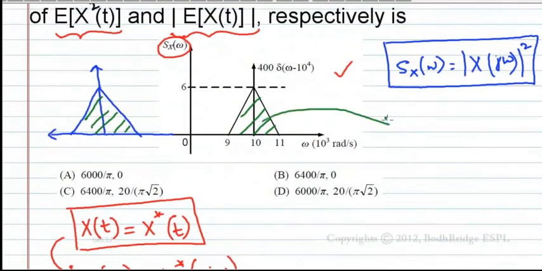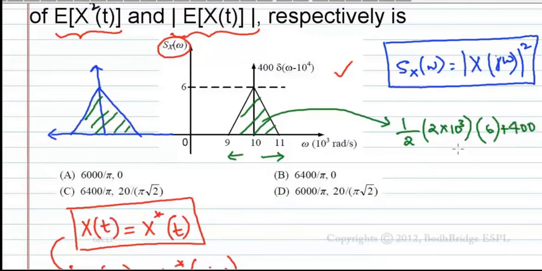Area of this triangle is half of base into height. Base is 11 minus 9, that is 2 into 10 power 3. Height is 6. Plus there is a delta function. Area under the delta function is 1. Therefore 400 into 1, that is 400.